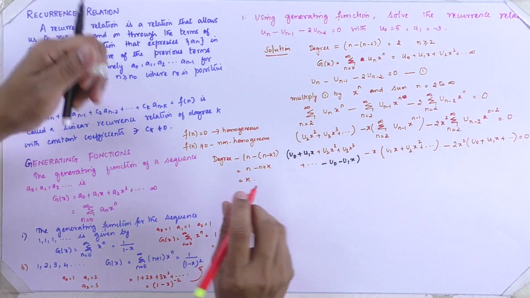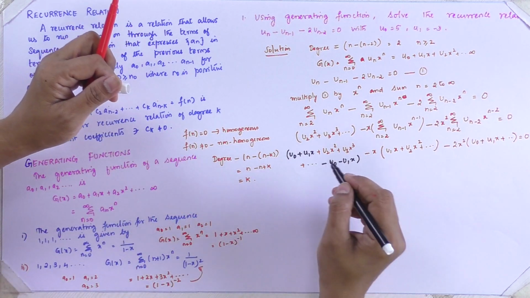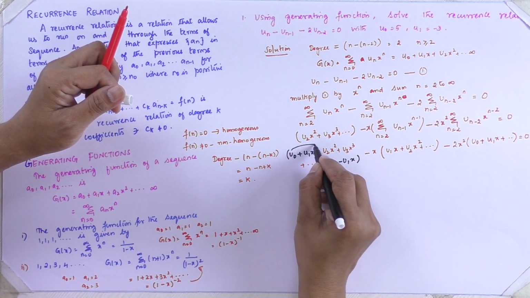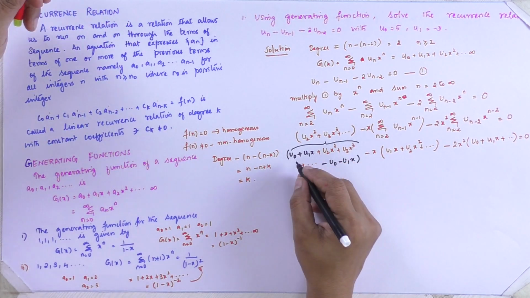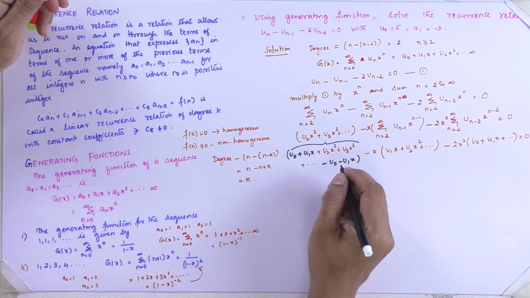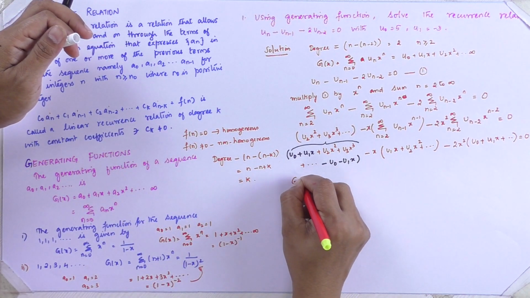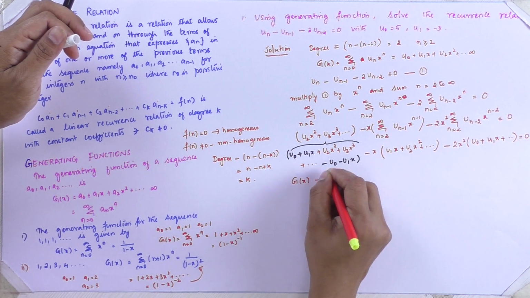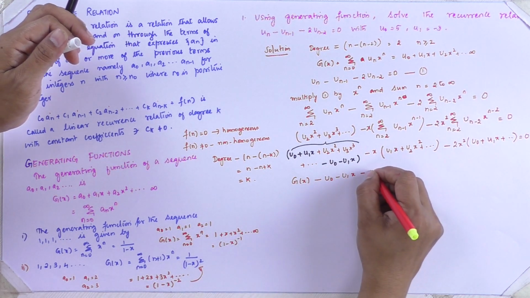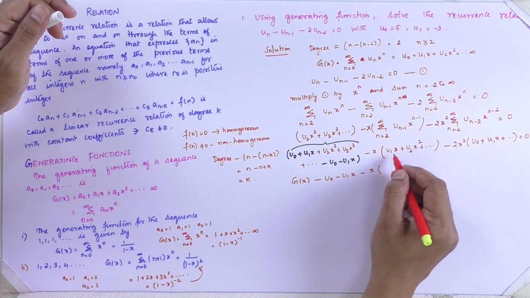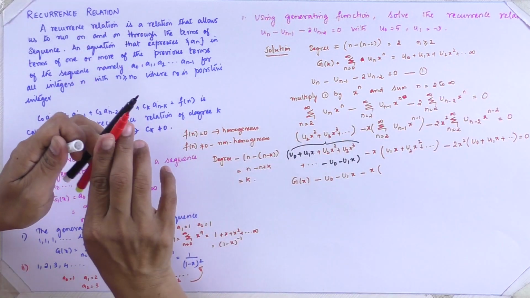Equal to 0. And now see here, combining all these terms, these terms till here, it is the generating function, right. So I can write this to be g of x minus u0 minus u1 x minus x into, see here, if I want to express this as my generating function, compare this with this, u0 is missing.